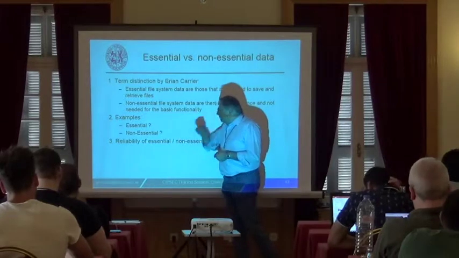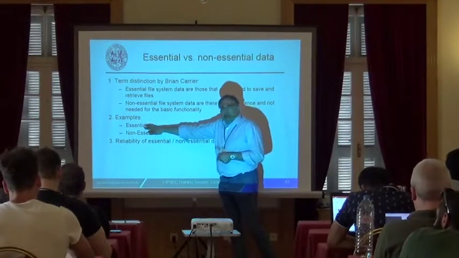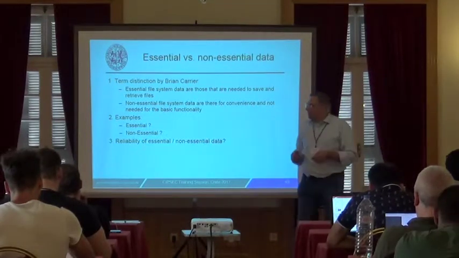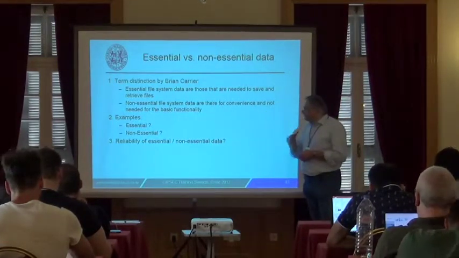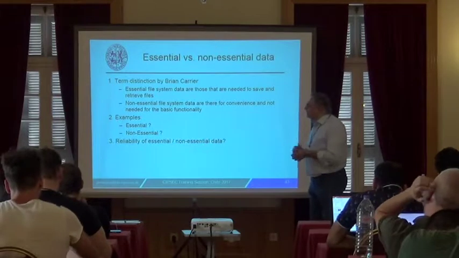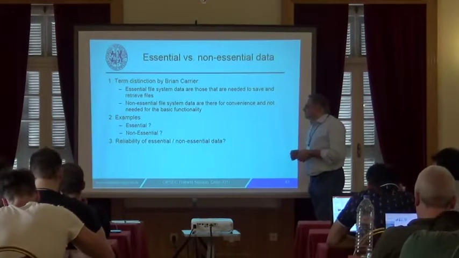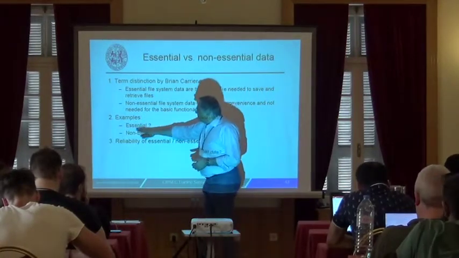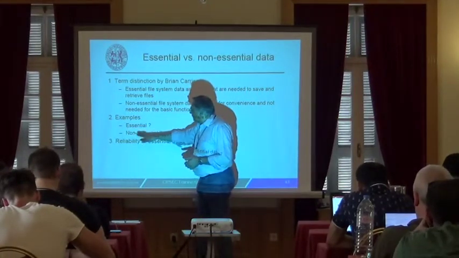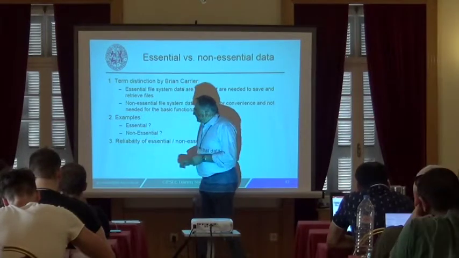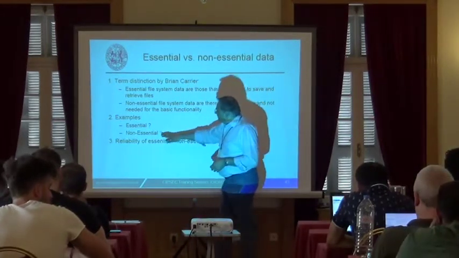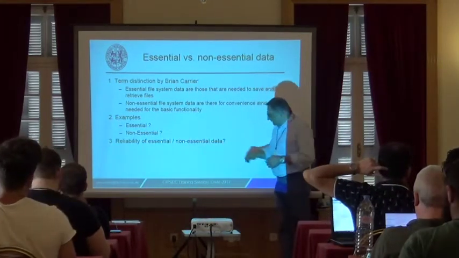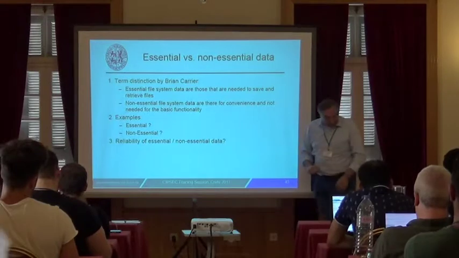So if you mess with the inodes, you are messing with essential information. If you mess with the last modified time, then you're messing with non-essential information. So the file system will be very concerned about preserving the essential information and may not be as intense in its efforts in preserving non-essential. So they might have a different reliability standard.